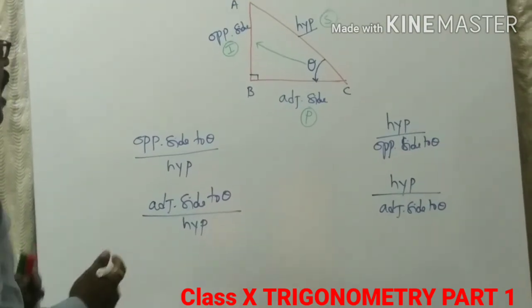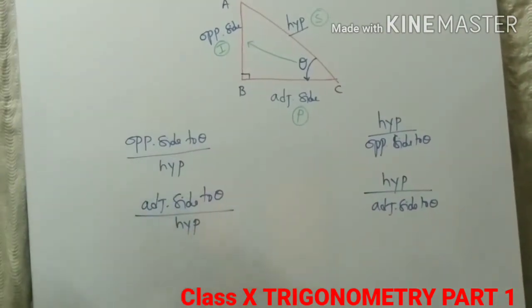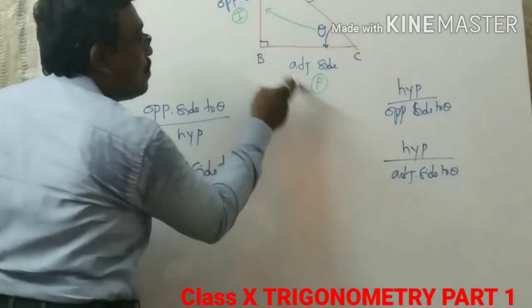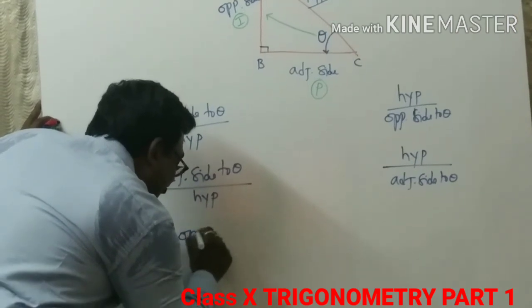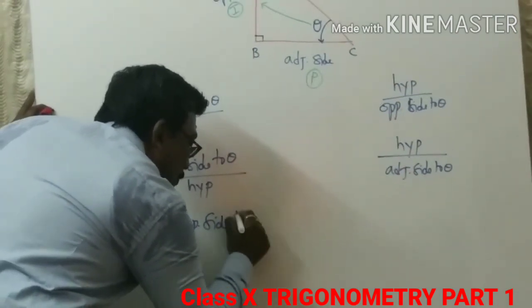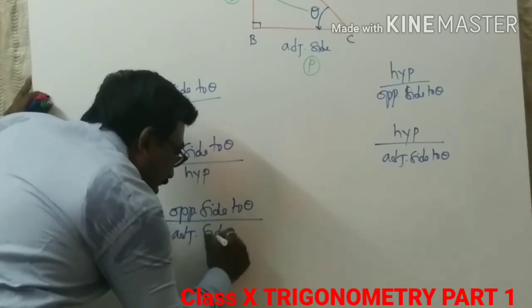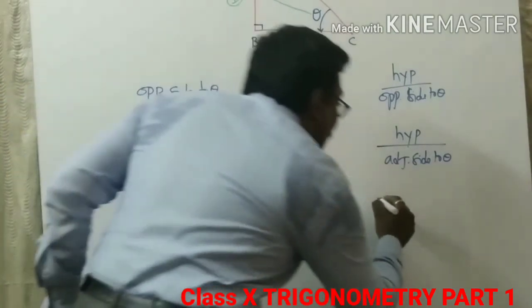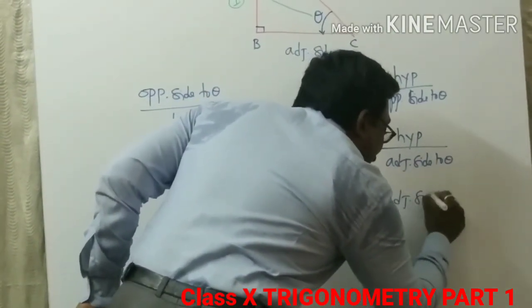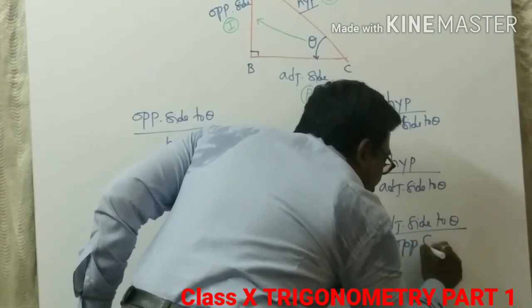Okay. Now, India, Sri Lanka completed, Pakistan, Sri Lanka completed. Now finals between India and Pakistan. That is nothing but opposite side to theta by adjacent side to theta. If it is reciprocal, then it is adjacent side to theta by opposite side to theta.